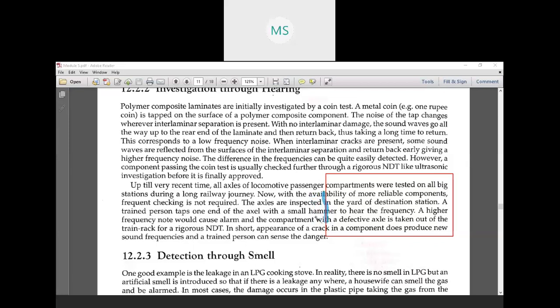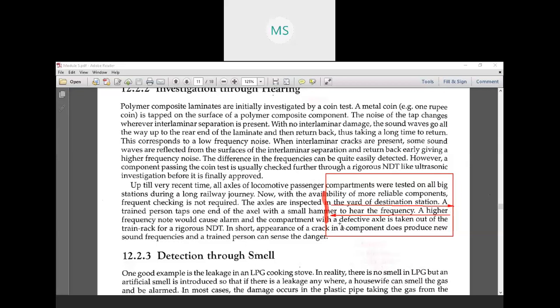When you send the wave from this initial point to the final point, it will reach, and from the final point to the initial point, it will come back. Since it is traveling a very long distance, from the initial point to the rear end point and again back to the initial point, it will take a long time.